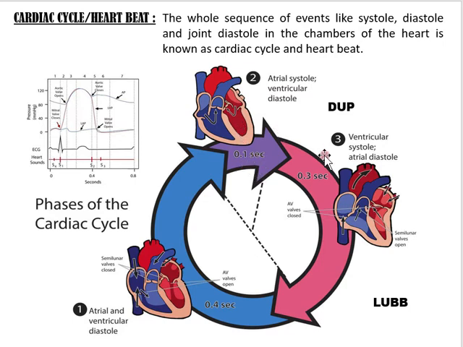Then the next phase, which is a more powerful systolic contraction, that is ventricular systole and atrial diastole. When ventricular systole is occurring, that means both the chambers of the ventricles are contracting together. When the walls are contracting, they exert pressure on the contained blood.